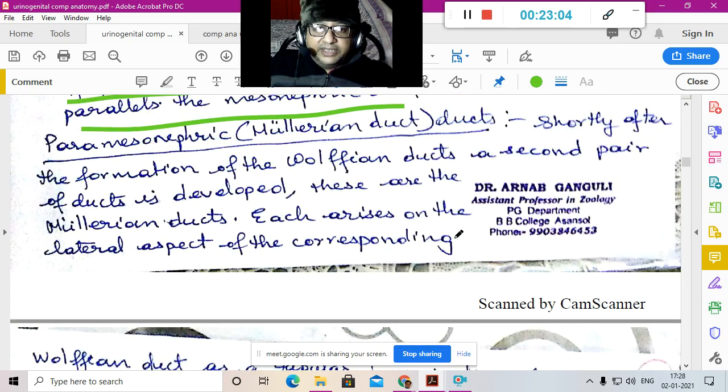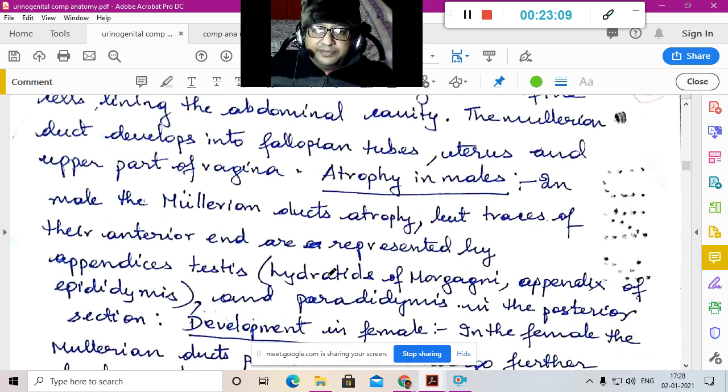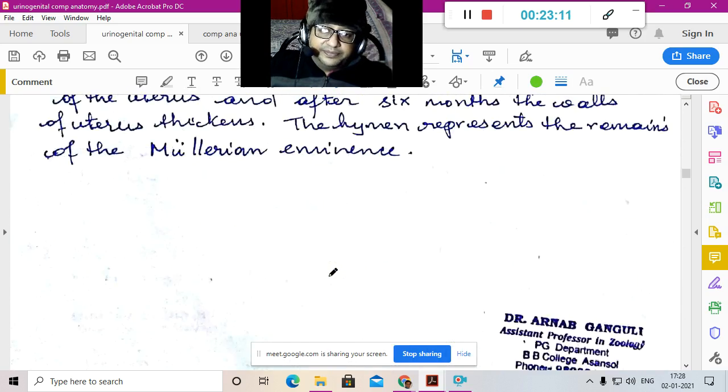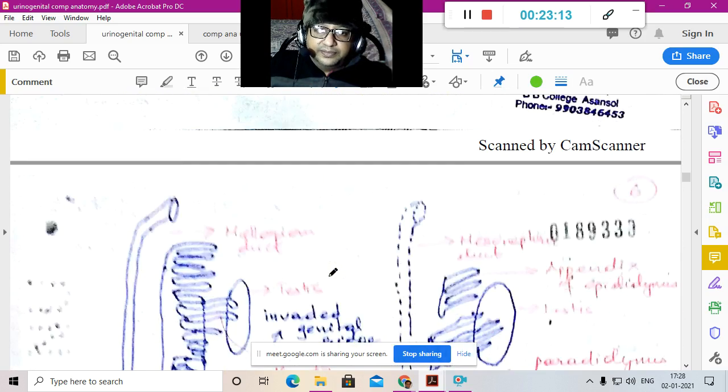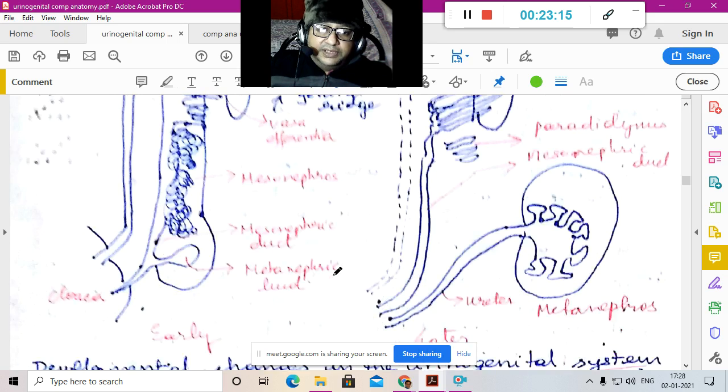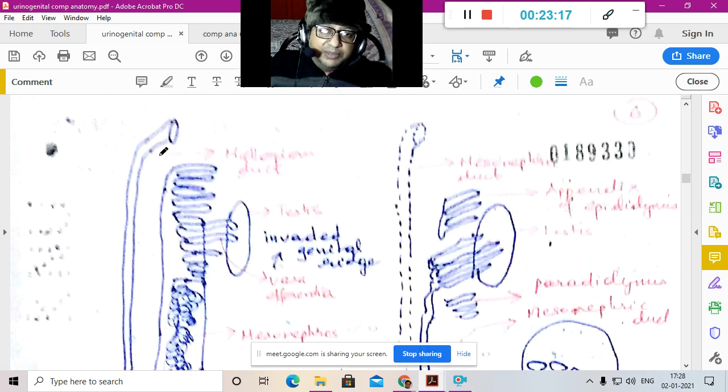Now let us have a look at what happens in the males. This is the same structure, I'm sorry about the quality of the picture. So this is the Mullerian duct which you have been seeing.